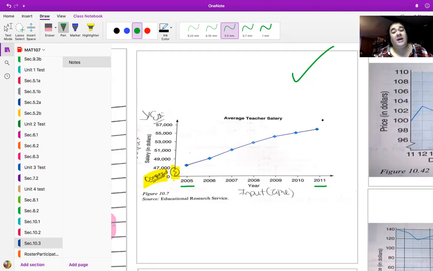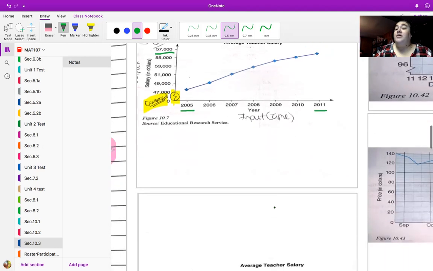That's not a whole lot of increase, and it's also not the highest of salaries. $57,000 a year in 2011 was not what you would call a great salary. It's not a bad salary, but you would probably still need assistance to make ends meet because of inflation and the cost of living. But this is a relatively accurate line graph that we're looking at, and this would be the one that the administration of the district is using.